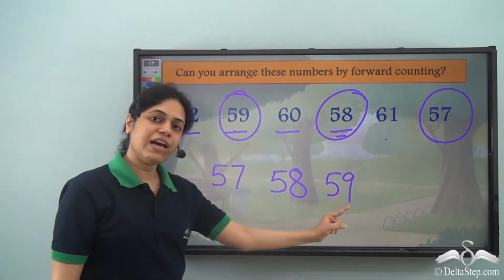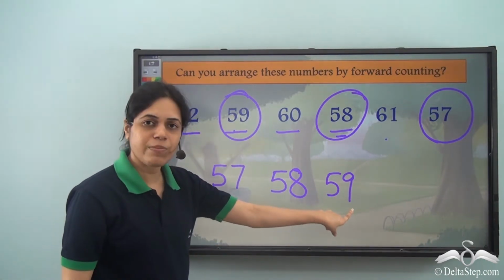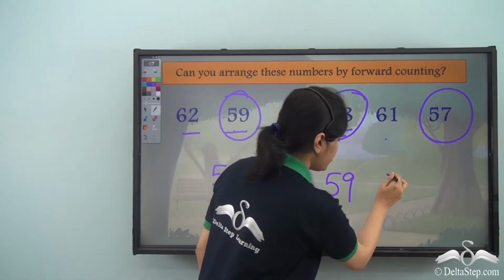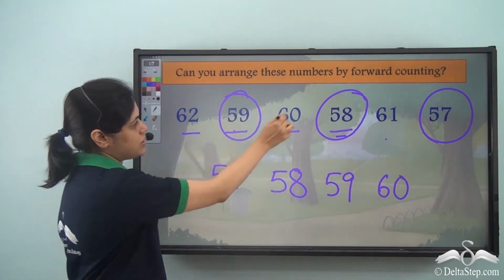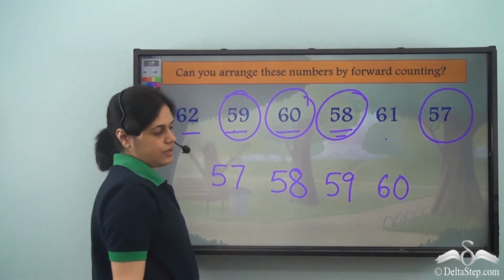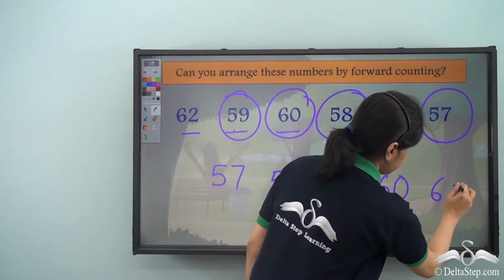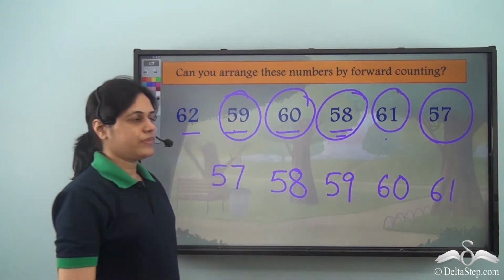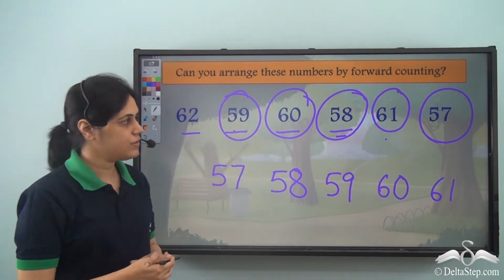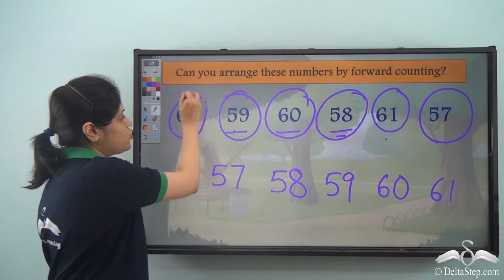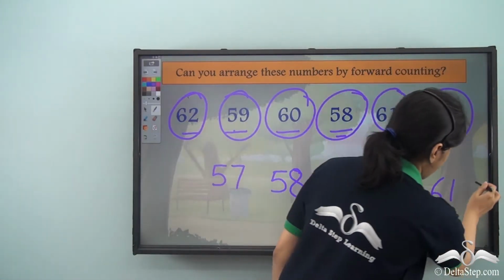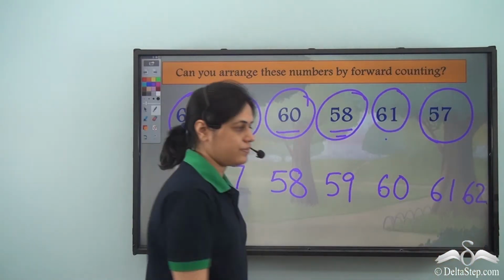What after 59? Well, Mr. Trouble. So 5 will change to 6 and 9 will change to 0. So 60 is covered. After 60, 61. Do I need to stop here? Well, I have another number left, 62, which comes after 61.